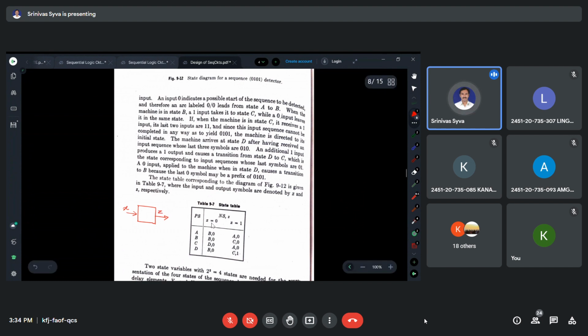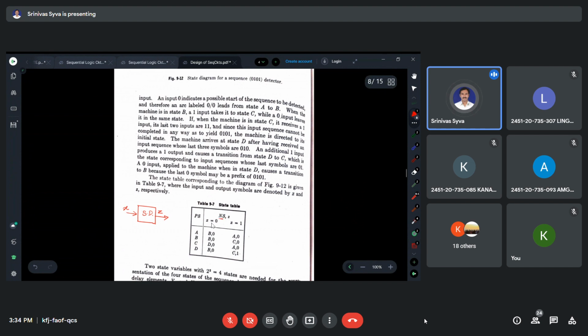So when x is equal to 0, the machine will move from A to B. The next state will be B.